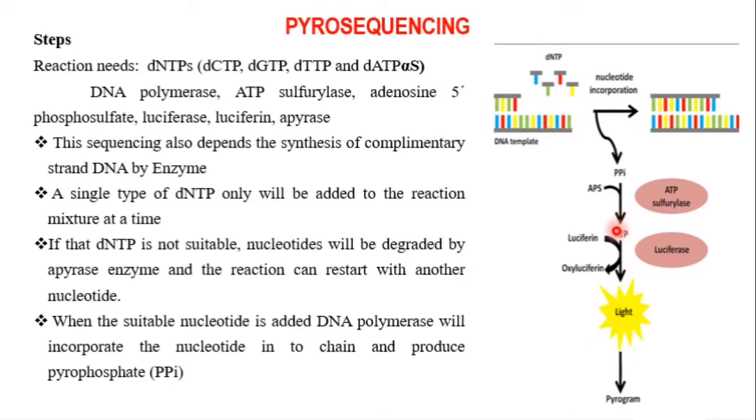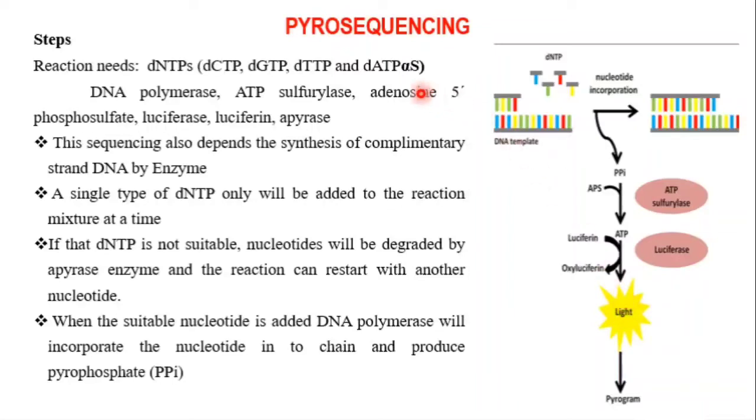If we used the normal dATP in the dNTP mix, the luciferase would also use this ATP for the production of oxyluciferin and light.